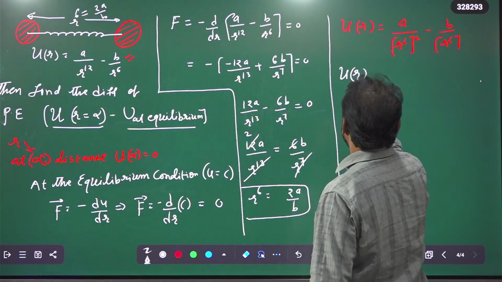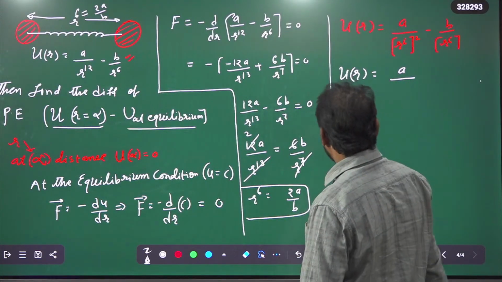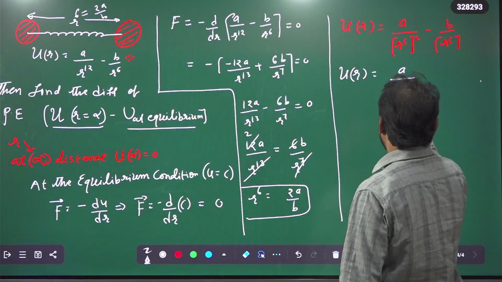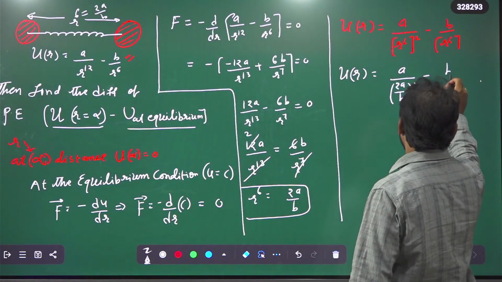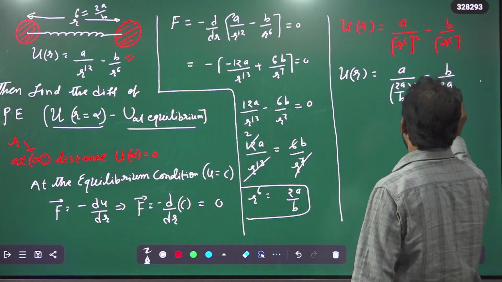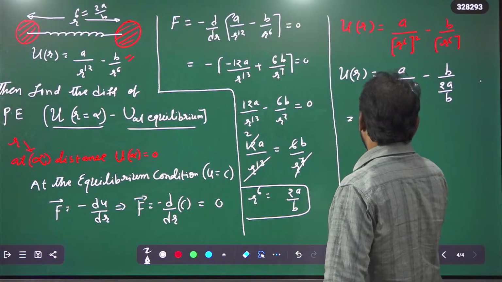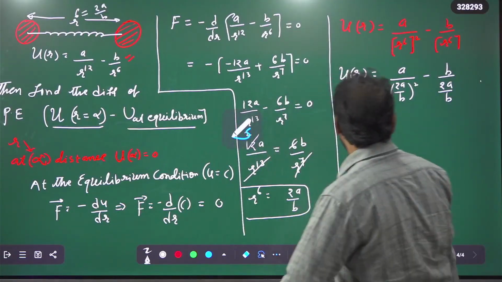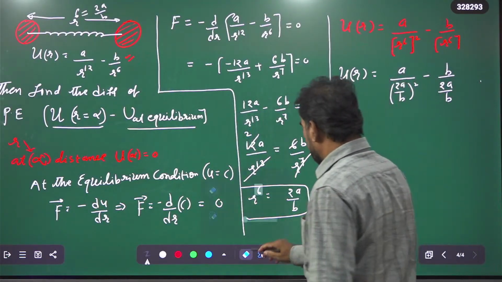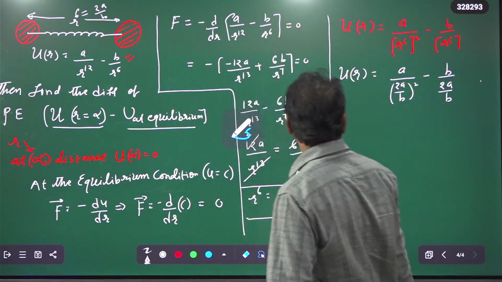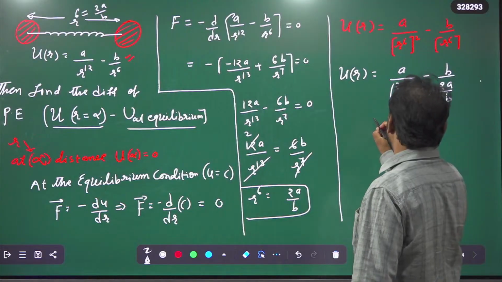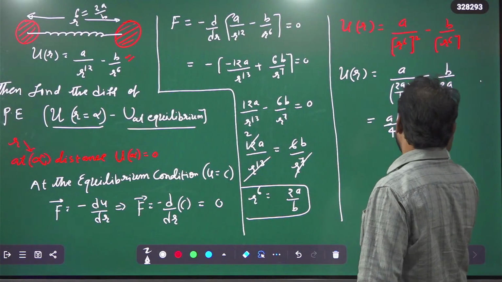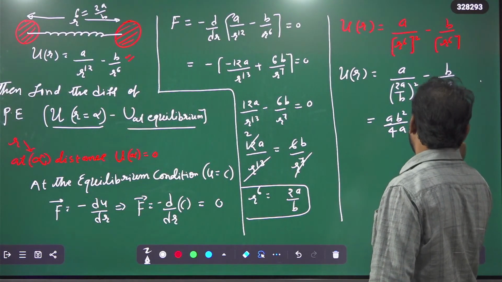U of r would be equal to a upon r to the power of 6, which is 2a by b, so it is a upon 2a by b whole square, minus b upon 2a by b. Simplifying, this becomes a b square upon 4a square minus b square upon 2a.